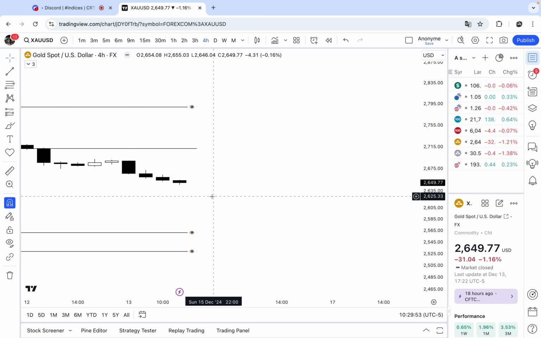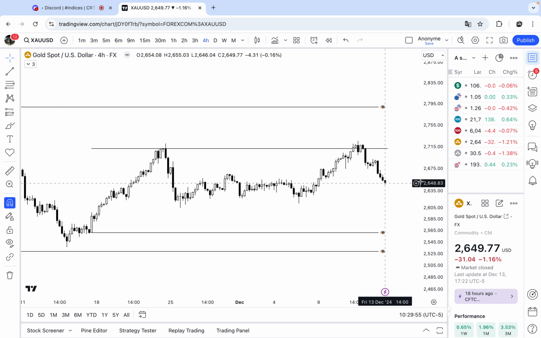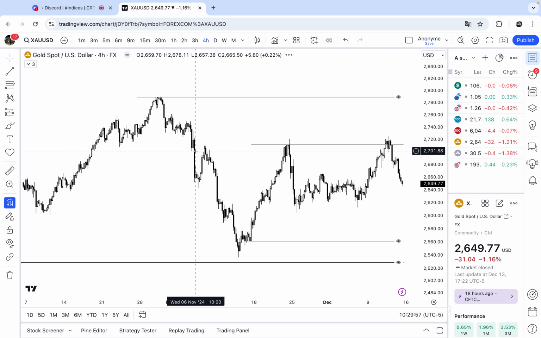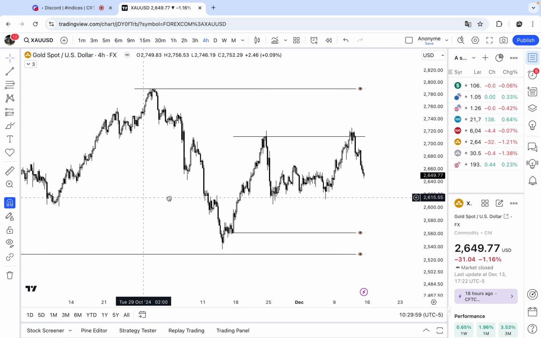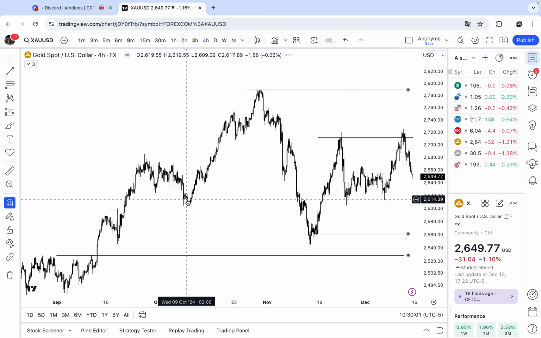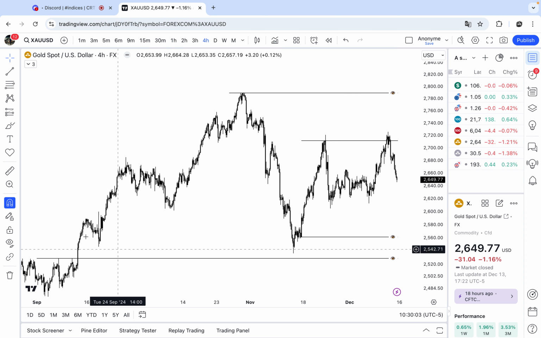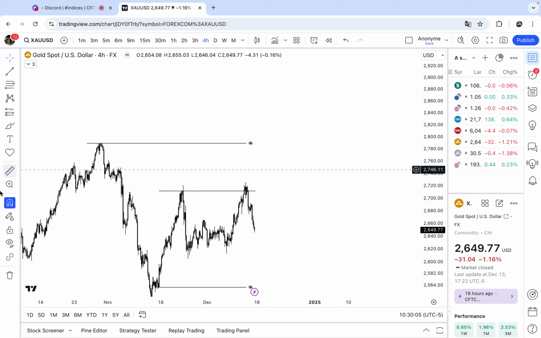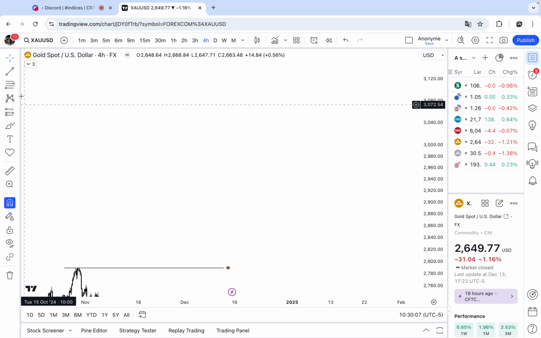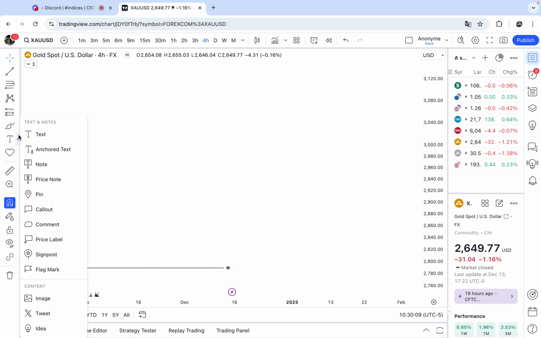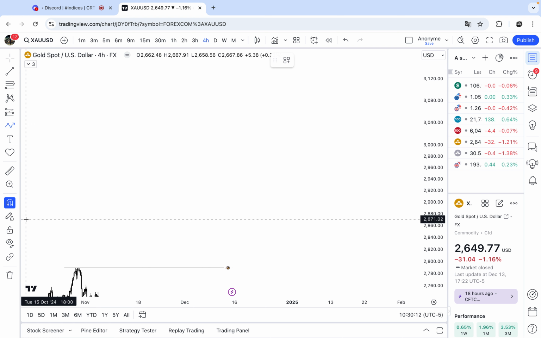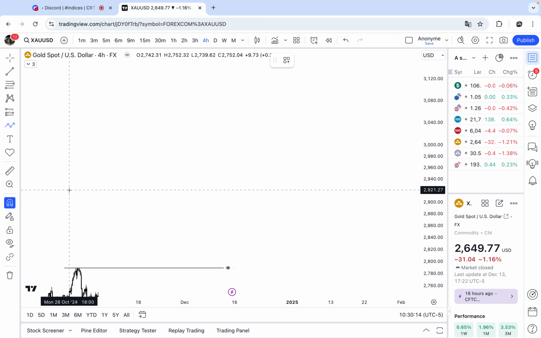and now we are on the 4-hour, what we can see here is, first things first, you know, guys, what market structure is. So market structure, you got three types of market conditions.